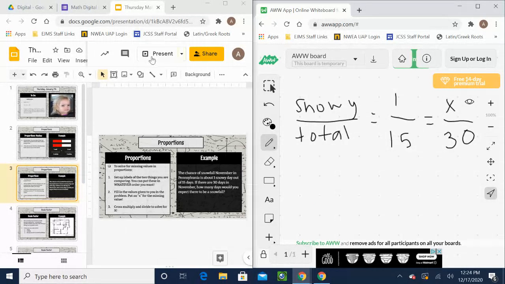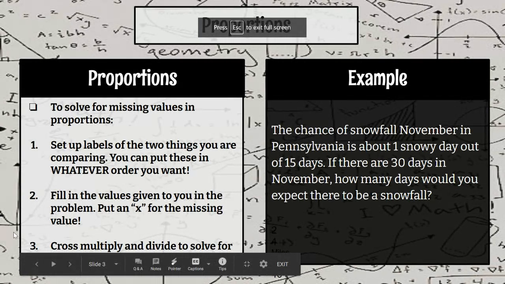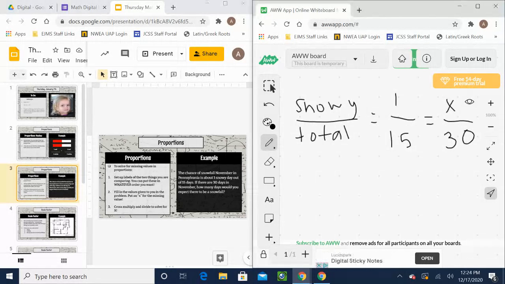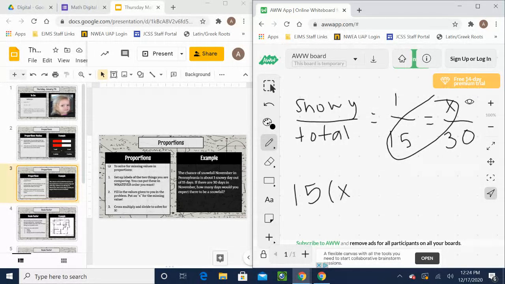All right, third step, cross multiply and divide to solve for X. We've been doing this for a long time. When I cross multiply, I take my corners, so 15 times X, write your equal sign, and then 30 times 1.